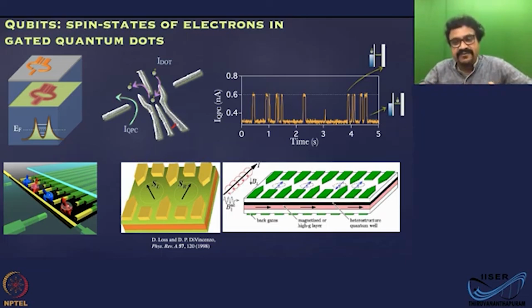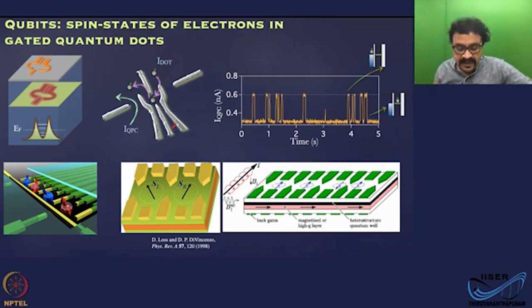That means if you have a wafer which is large enough, and you have lithographic facilities which are provided by the microfabrication technology, you can make n number of these quantum dots, and each of them can host bits of information, quantum information. And you can use spin states. You can apply a field, and you can use the Zeeman split spin states of the quantum dot to store information.